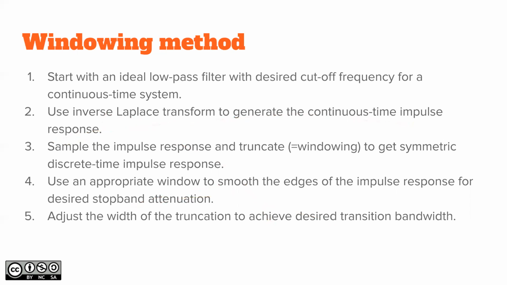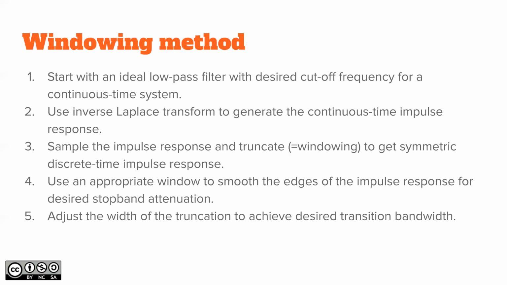So directly from the low pass filter amplitude response, we use the inverse Laplace transform to make the continuous time impulse response. And then we are sampling that continuous impulse response.